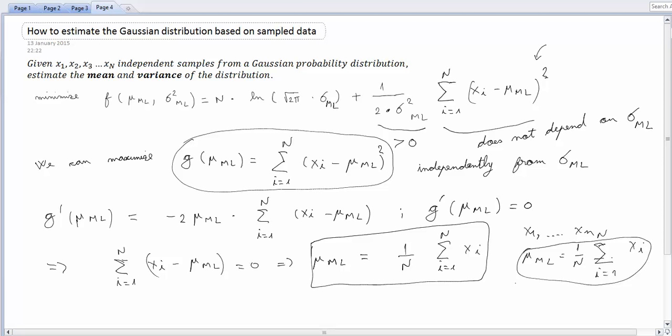so that you maximize the chance of actually getting those samples when you perform the measurement. Well, how about the variance? I'm going to tell you the formula that they taught you in school.